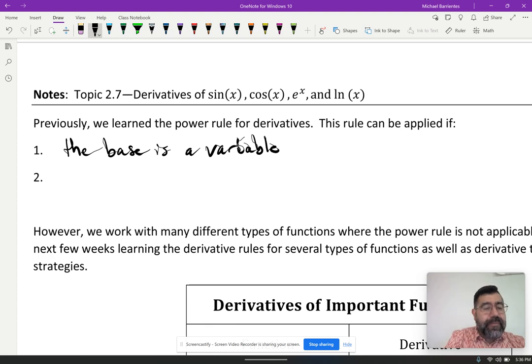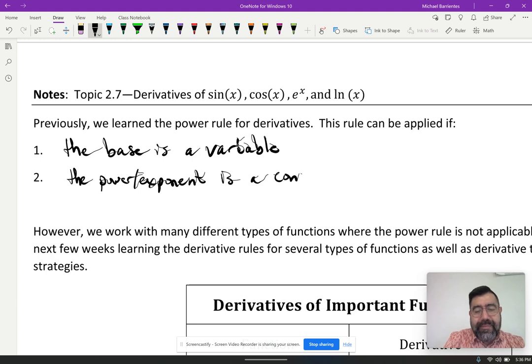And number two, the power or the exponent has to be a constant. A constant meaning just a number, right? So those two things are what I have to have in order to take the derivative using the power rule.